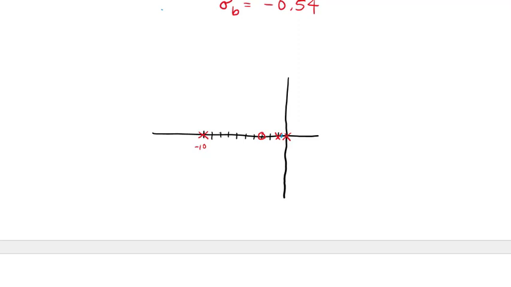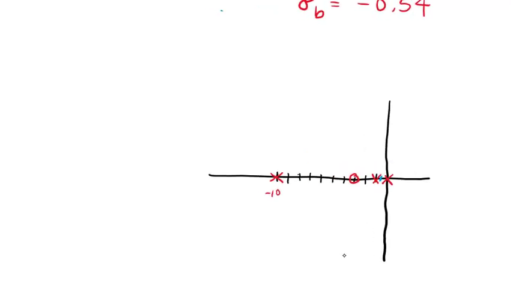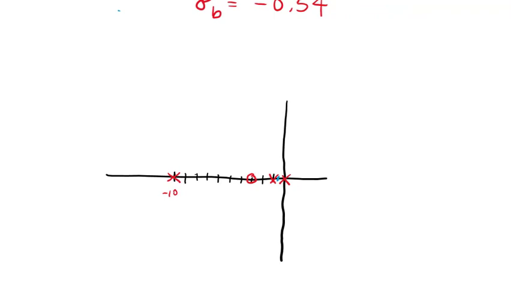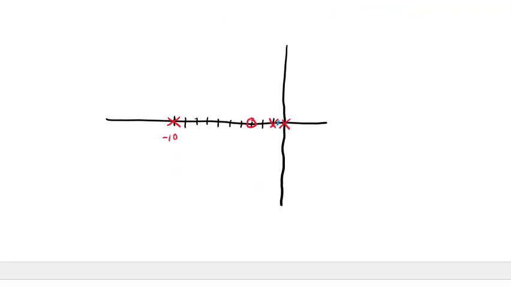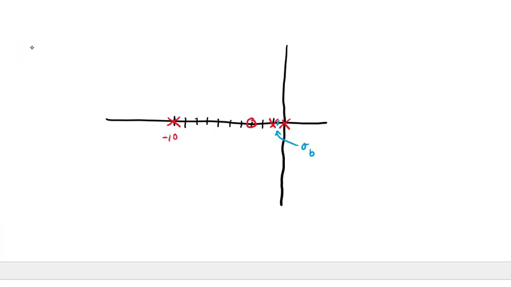In fact, I can probably zoom in just a little bit more here. Okay? So there you go. There's our sigma sub b, and I'll just indicate that as sigma sub b.